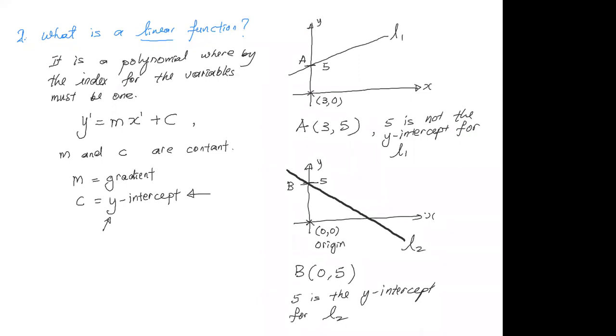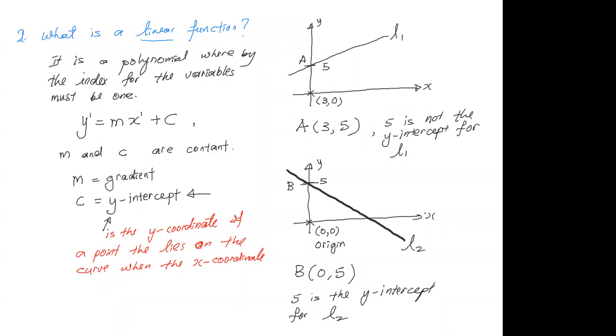Y-intercept is the y coordinate of a point that lies on the curve or the straight line, up to you, when the x coordinate is 0.